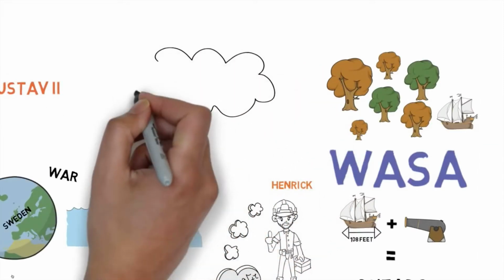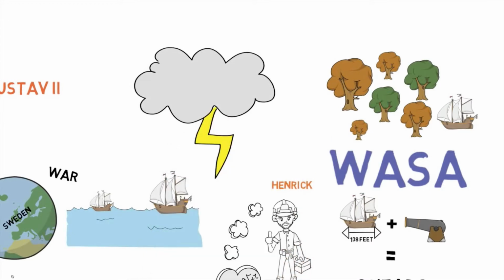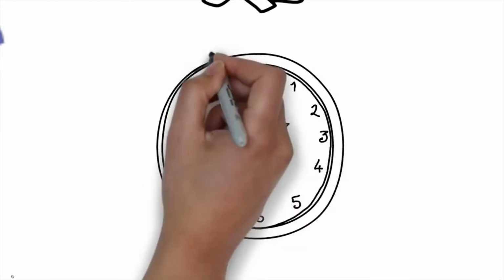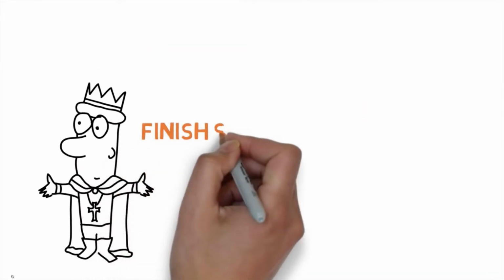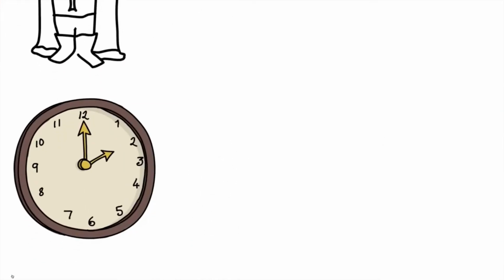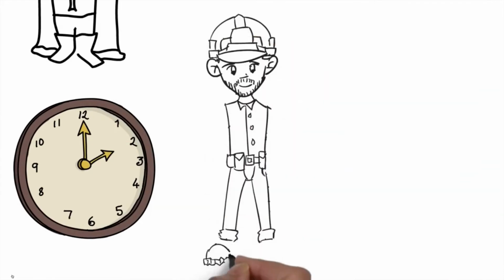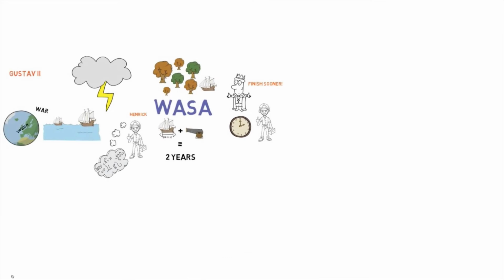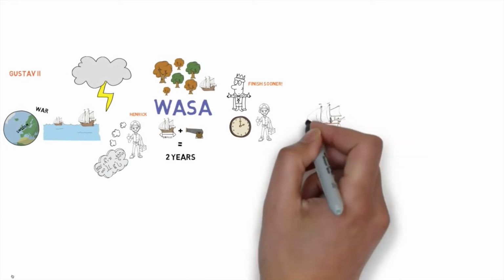The Swedish Navy lost 10 ships during a heavy storm, so the King called Master Henrik with a new instruction. Accelerate the project to finish sooner, and don't worry about the budget. Henrik adjusted the plan and resources to accelerate the project, but a few months later, another message arrived from the King. Dear Henrik, I've been thinking.